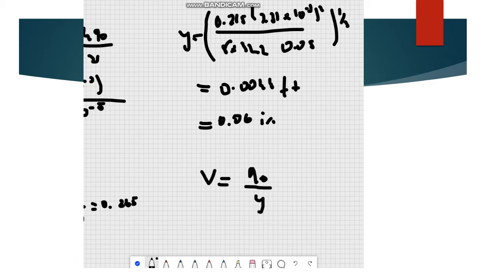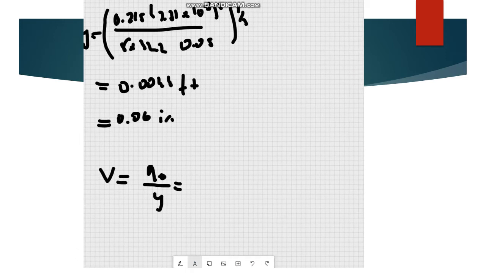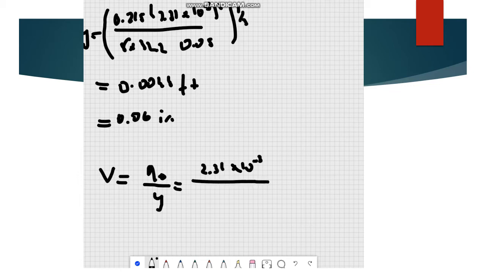Both are now known. q0 is 2.31 multiplied by 10 to the minus 3, in feet squared per second, don't forget, and y we just calculated, 0.0048 feet.